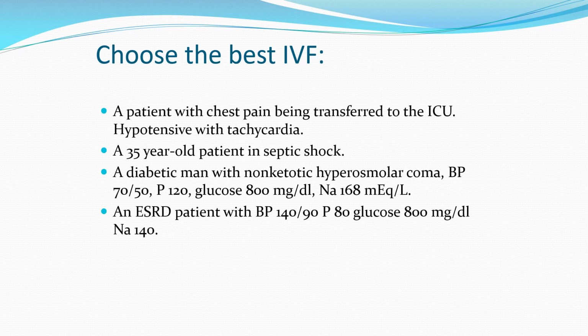In the third example, a diabetic man with non-ketotic hyperosmolar coma who is hypotensive and tachycardic with a very high glucose level of 800 and an elevated sodium level of 168. In this example, you'd want to start off by giving an isotonic type of fluid like lactated ringers or normal saline initially until the vital signs are stable, and then switch to a hypotonic fluid to correct the hypernatremia.